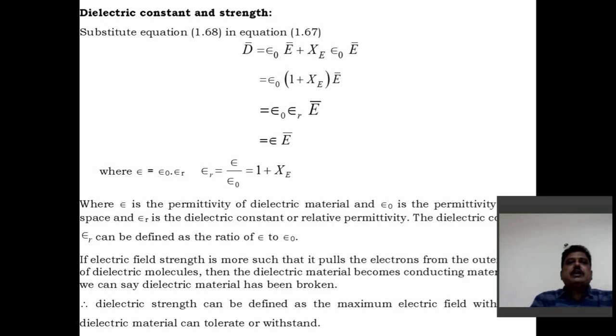From this, the dielectric constant can be derived. So D bar equal to epsilon naught E bar plus Xe epsilon naught E bar equal to epsilon naught times 1 plus Xe into E bar, equal to epsilon E bar, where epsilon r equal to epsilon by epsilon naught equal to 1 plus Xe, where epsilon is the permittivity of the dielectric material, epsilon naught is the permittivity of free space, and epsilon r is the dielectric constant or relative permittivity.